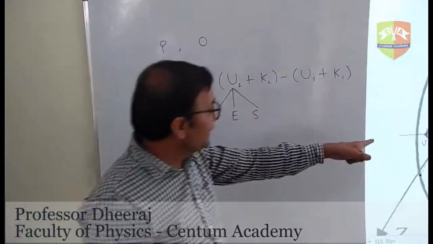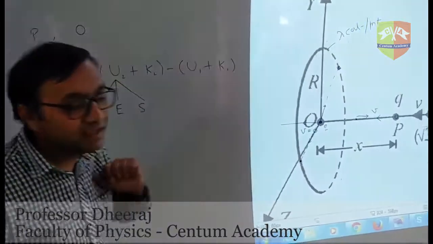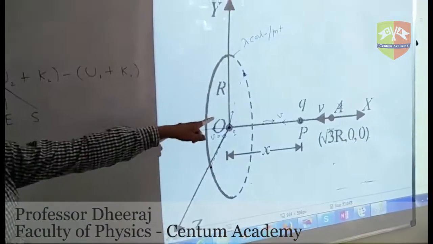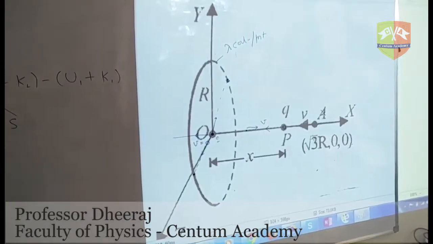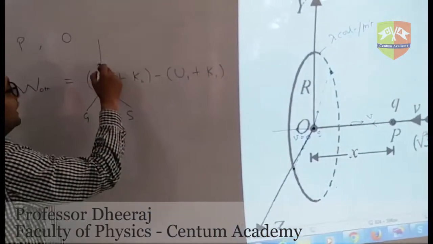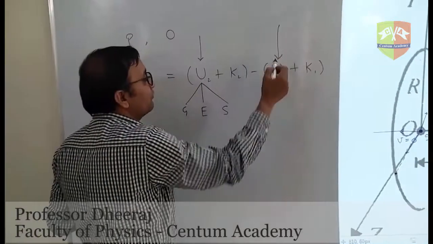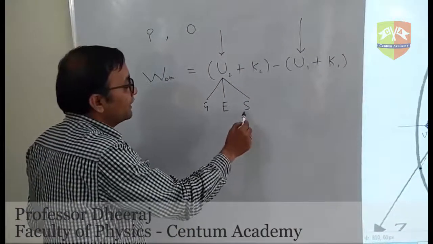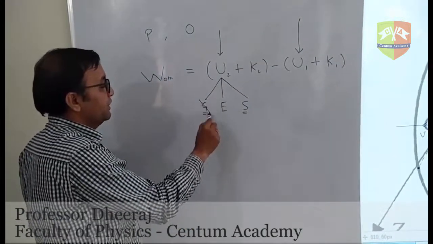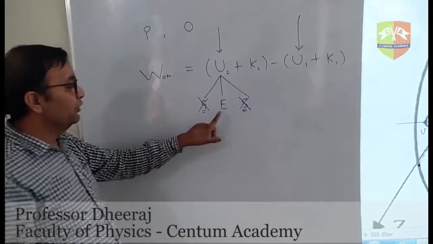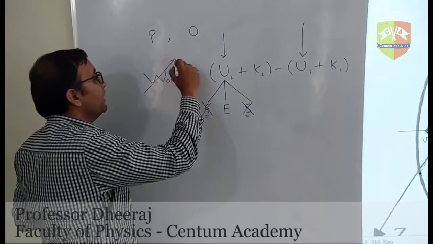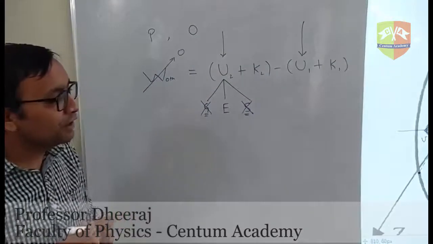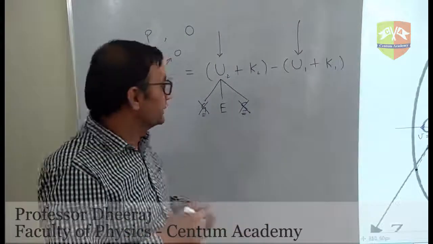Now, in this case, there is no net change in gravitational potential energy. Whatever gravitational potential energy there is at point P is the same as at point O. So gravitational potential energy at point 2 cancels out from point 1. And of course, there is no spring potential energy. So that leaves us with only electrostatic potential energy. And the work done by other forces is also 0 because there are no other forces.